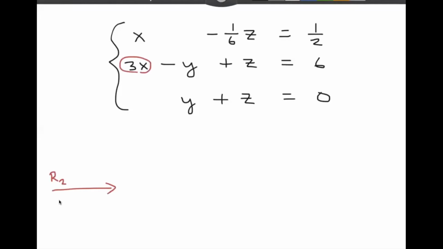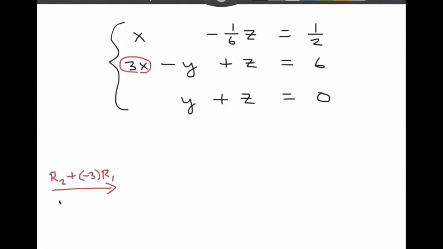And in this case, what would get rid of the 3x is a negative 3x. If we were able to add 3x plus negative 3x, that would eliminate that x variable. So what we're going to do is add row 2 to negative 3 times row 1.